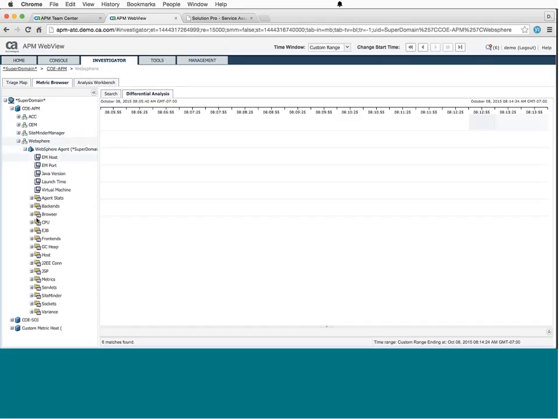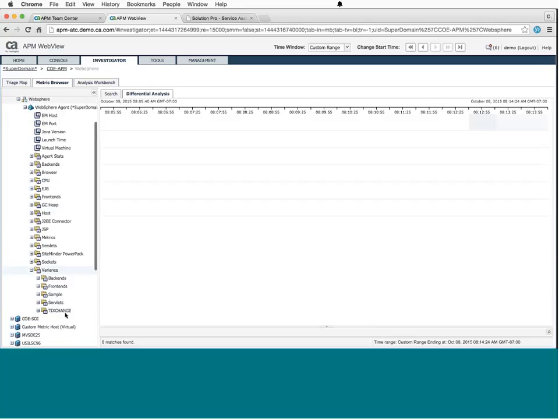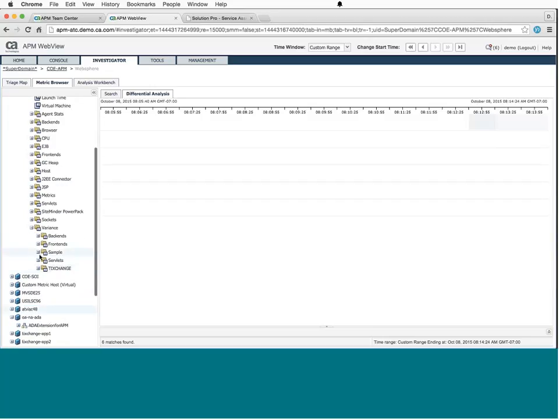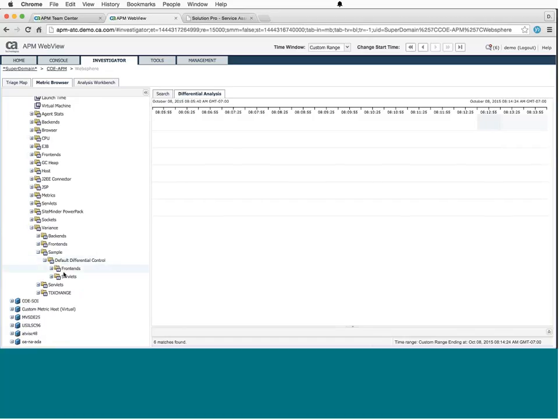If you look under an agent where you have differential analysis defined, there's a new folder in the tree called variance, and this is that breach sum algorithm that I was talking about. Under variance, you'll see the management modules in which you have it configured. And then under the management module, you'll see the response times or whatever other metrics you set up.